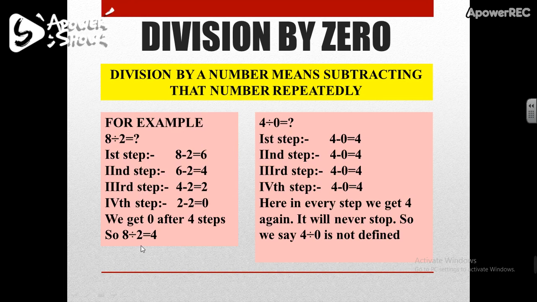So 8 divided by 2 is 4. But 4 divided by 0, in this example, after subtraction I am getting 4 again and again, and this process will never stop. So we are saying that 4 divided by 0 is not defined.